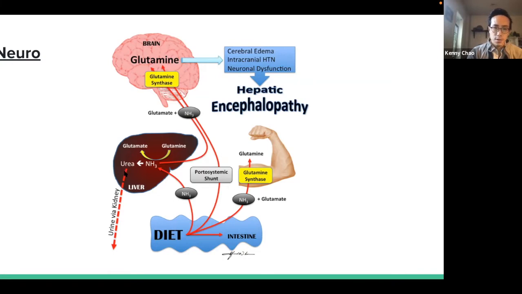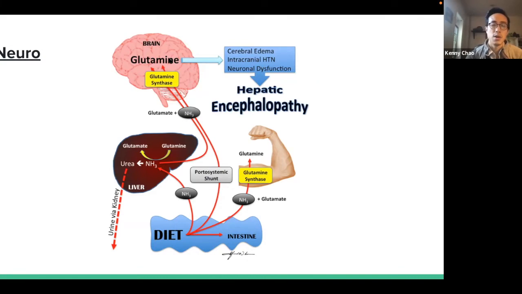So if your liver is not doing too well, you're going to have a buildup of ammonia, spreading throughout the entire body and conversion into glutamine. The brain astrocytes actually convert this as well. So you'll have excess glutamine within the astrocytes intracellularly.